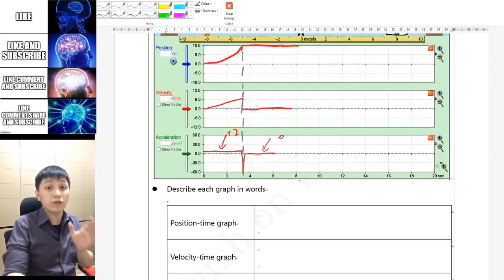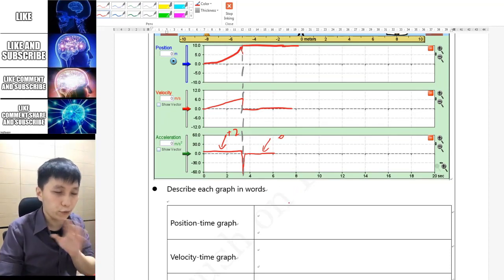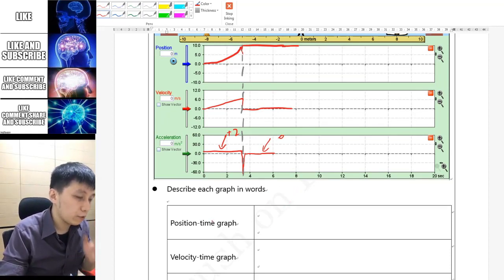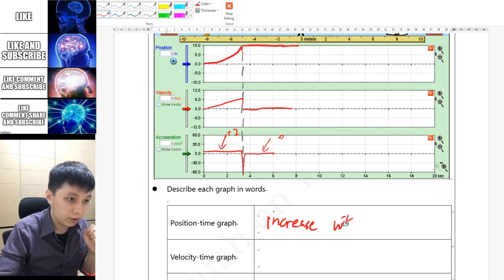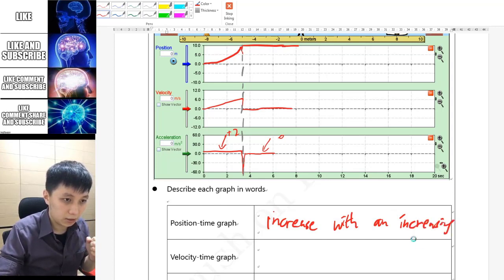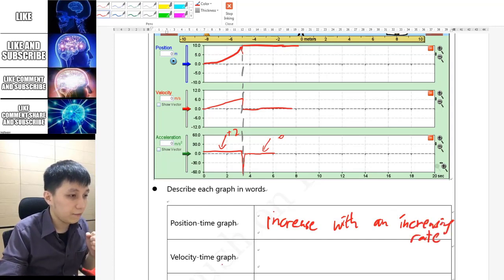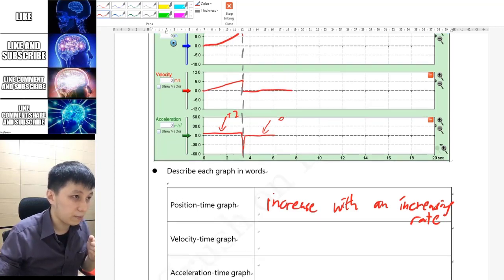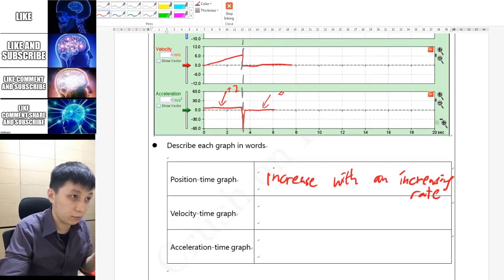Okay, so this time is really something that you have to apply with what you learned in the previous video. For the position-time graph, it is obviously increasing. So increasing with what? With an increasing rate. For the velocity-time graph, it will simply be a constant slope because you can see the slope is constant.